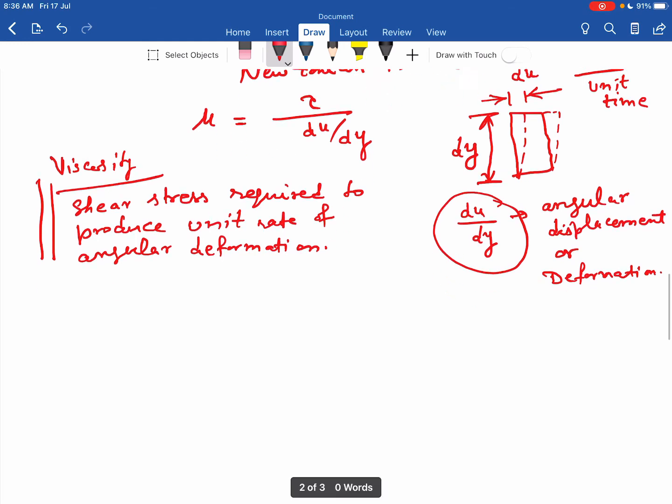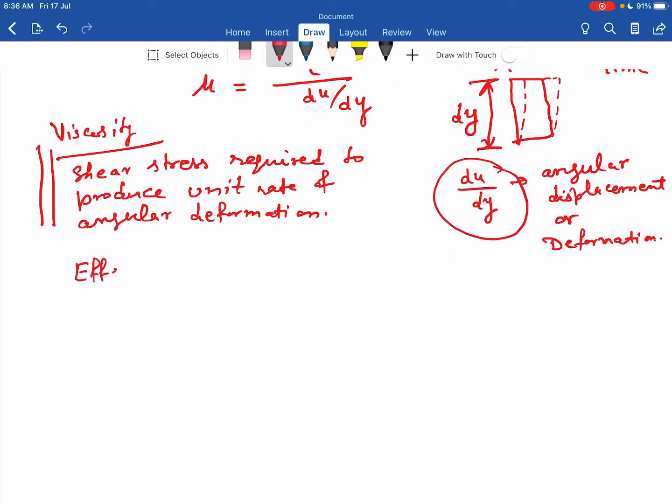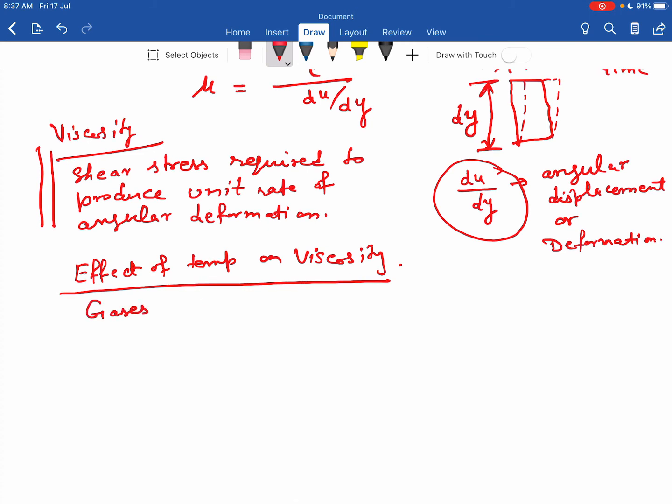Then next we see the effect of temperature on viscosity. Okay. So for gases, viscosity increases with increase in temperature. For liquids, viscosity decreases with increase in temperature. So why does this happen?